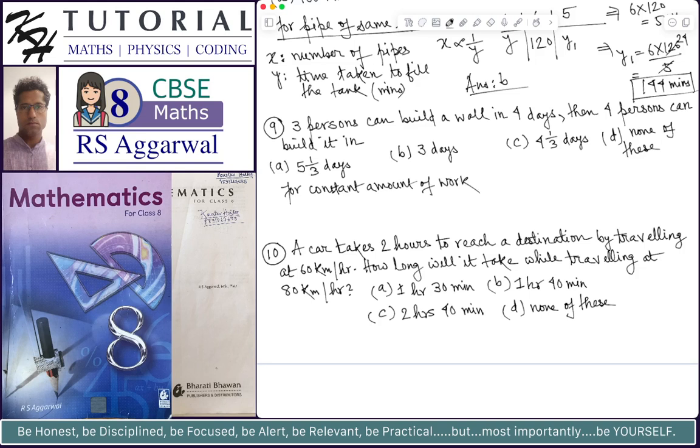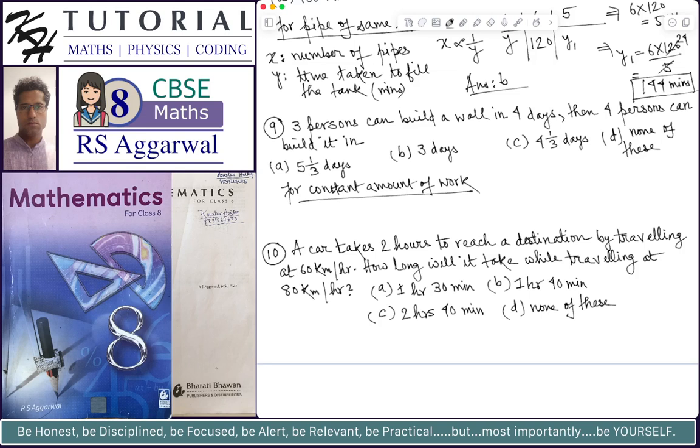The wall is same. You can consider the amount of work to be the height of the wall or the length of the wall. So the height of the wall or the length of the wall being constructed is same. So this implies that the amount of work is same.